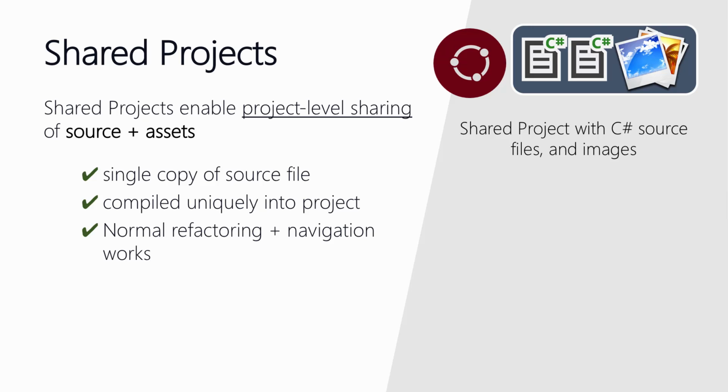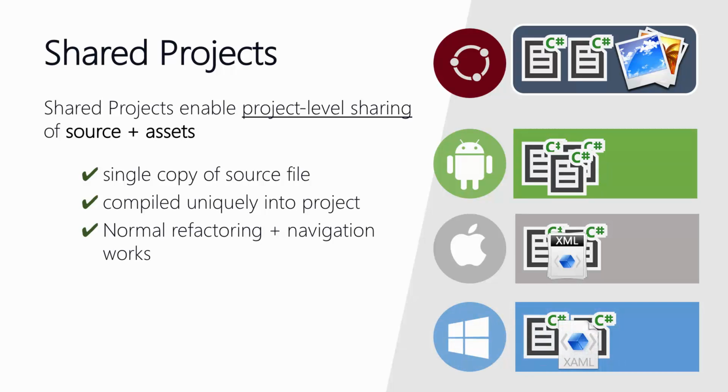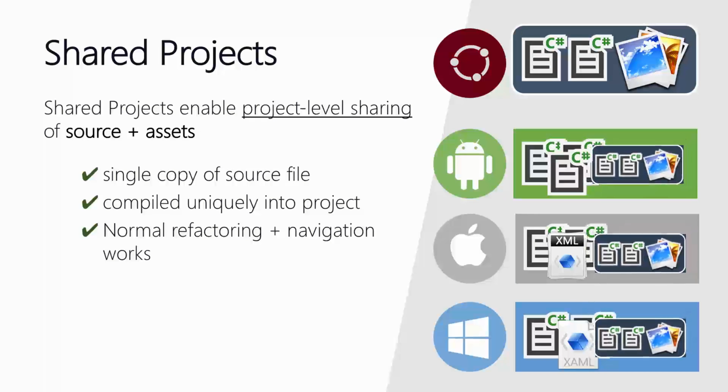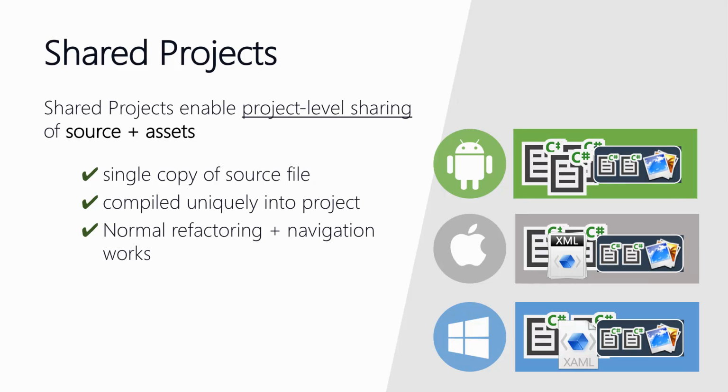If you then compile the Android, the iOS, or the Windows app, all the files from the shared project behave like they would be copied into the currently built project. The nice thing is that all the normal refactoring tools still work. All the IDE support works.